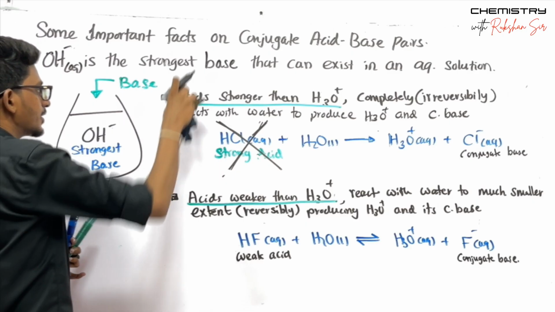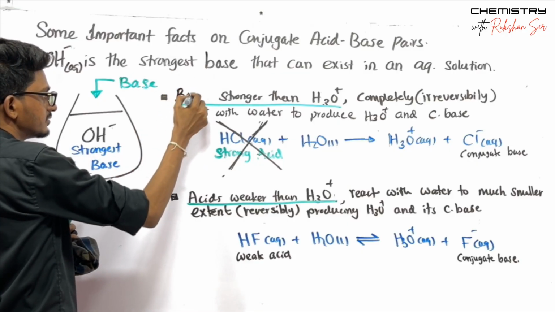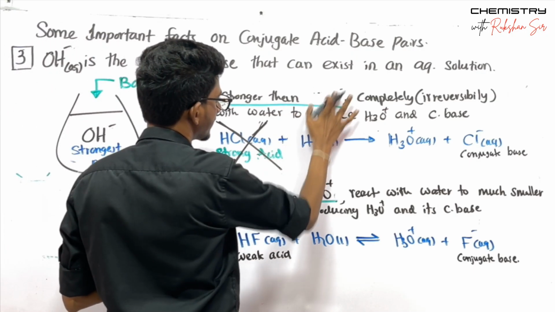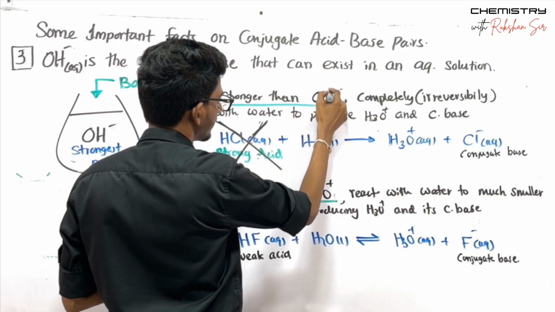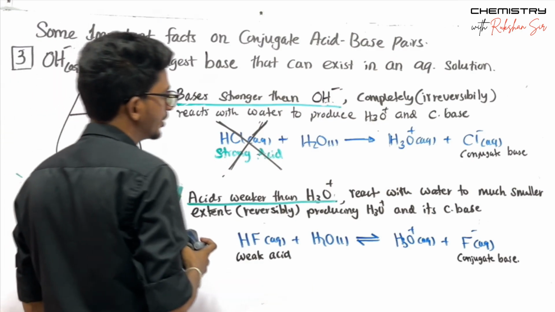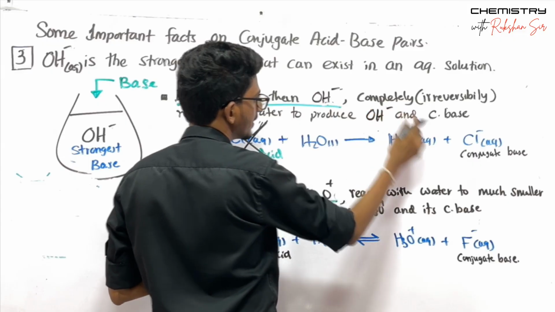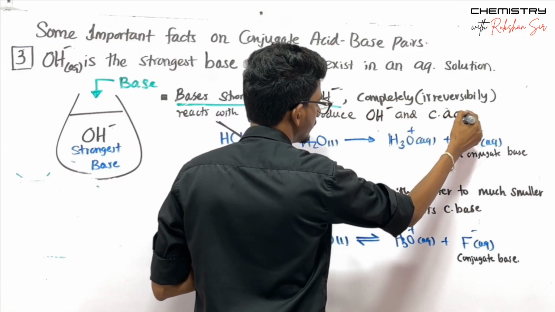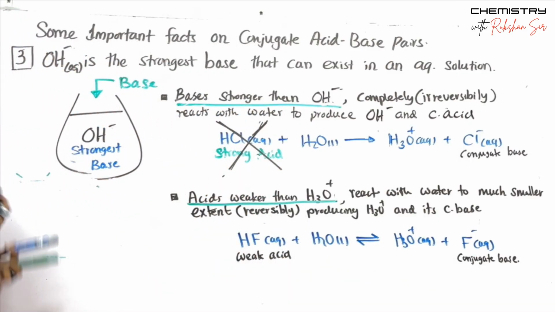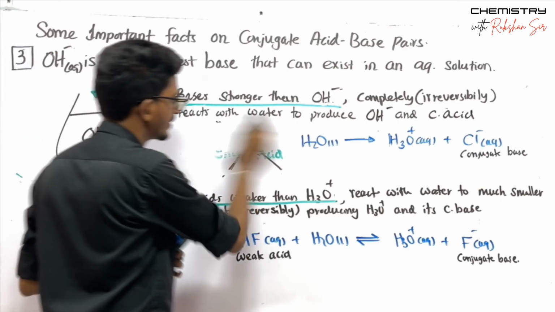So bases stronger than OH minus completely react with water to produce what? They produce OH minus and the conjugate acid. If you are a base, the products are going to be OH minus and the conjugate acid.